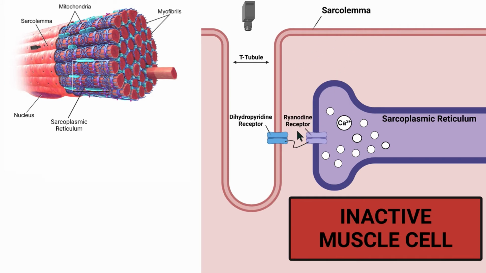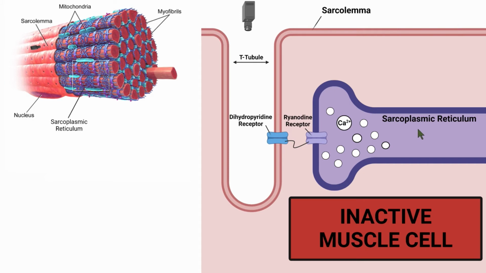And that receptor is called the dihydropyridine receptor, or DHPR. I'll just go ahead and call it by its name. The dihydropyridine receptor is then mechanically linked. So there's actual molecules linking the dihydropyridine receptor to the receptor that's found on the sarcoplasmic reticulum. And they're very close to one another.